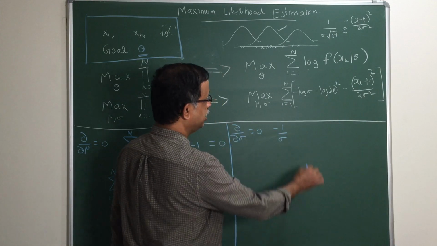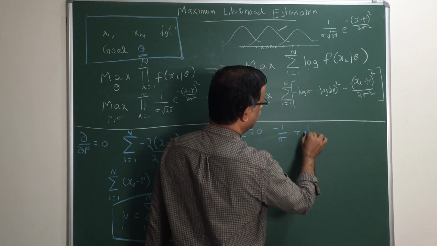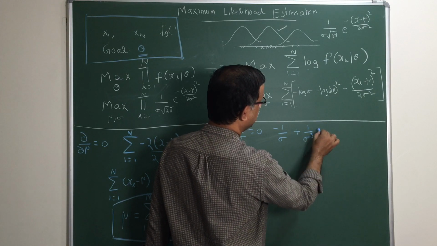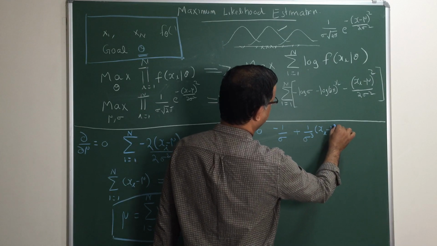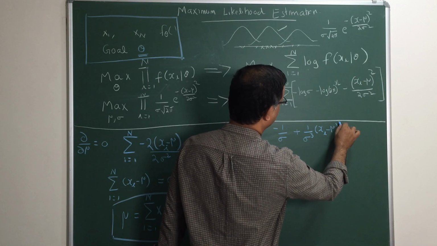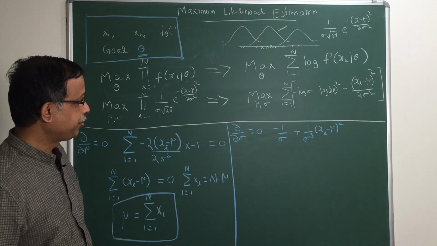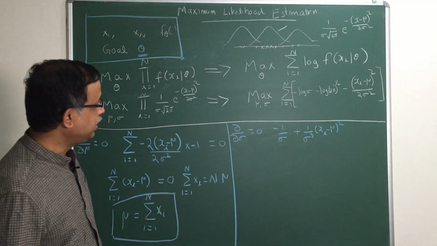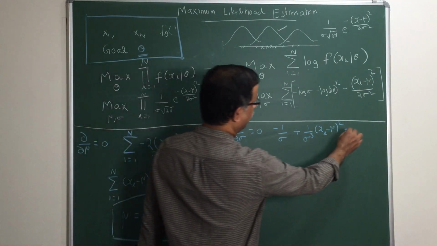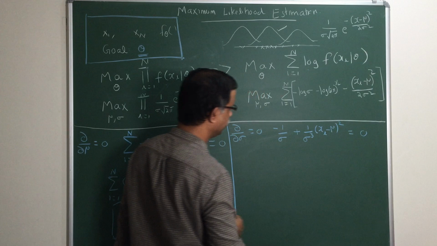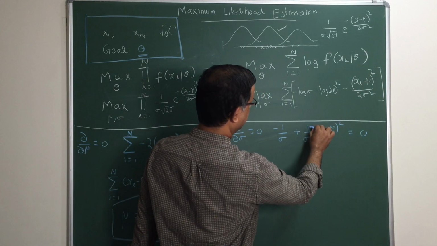This term becomes plus 1 by sigma cubed into (xi minus mu) whole square. If you multiply by sigma cubed, and of course we want to equate to 0. Indeed, there is a summation here.